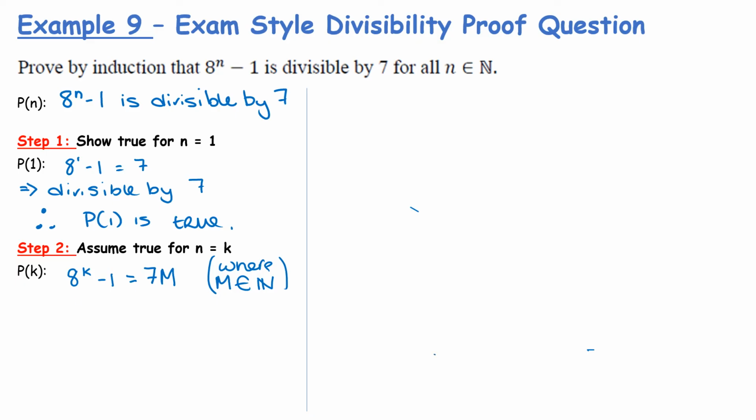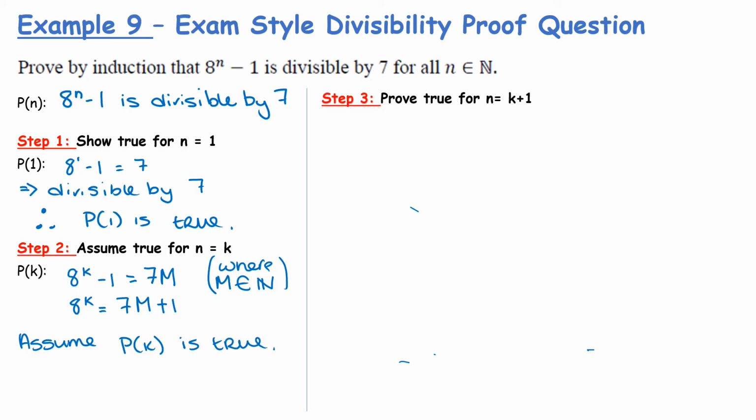So what I'm going to do is isolate the 8 to the power of k, and I'm going to be able to use substitution in the next part. So I'm going to assume Pk is true. So I'm assuming that those two lines above are true.